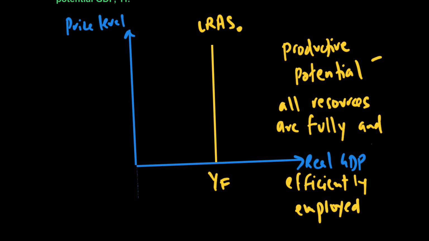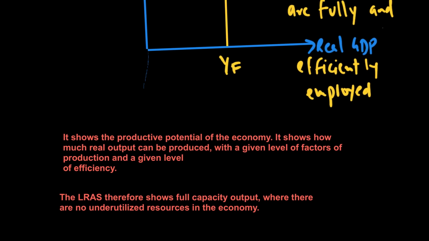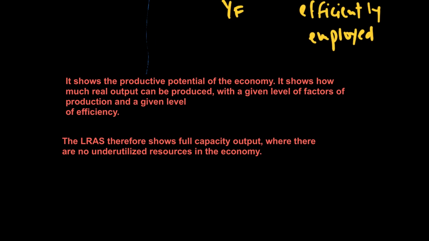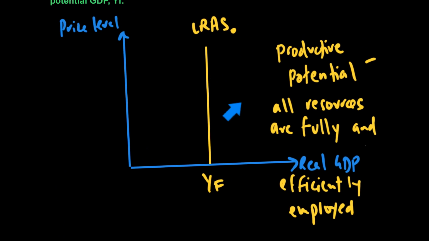So that's why we wrote here that the LRAS shows the productive potential. It shows how much real output can be produced with a given level of factors of production and a given level of efficiency. Therefore, it shows full capacity, where there is no underutilization. So when we are looking at LRAS, according to the classical economists, it is just like being on the PPC, where all resources are fully and efficiently employed.